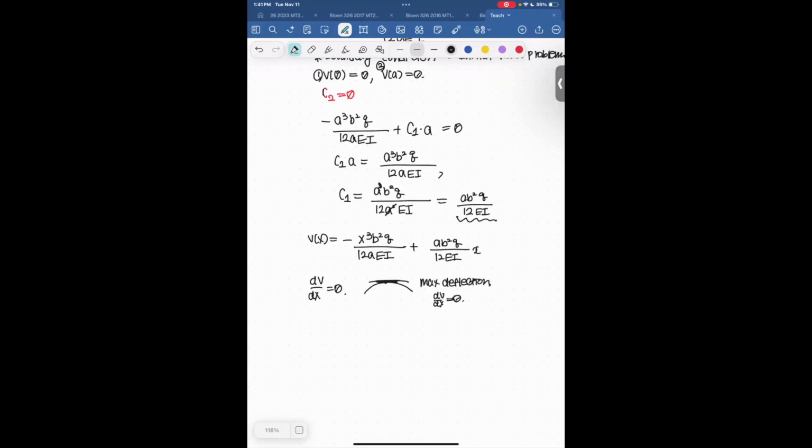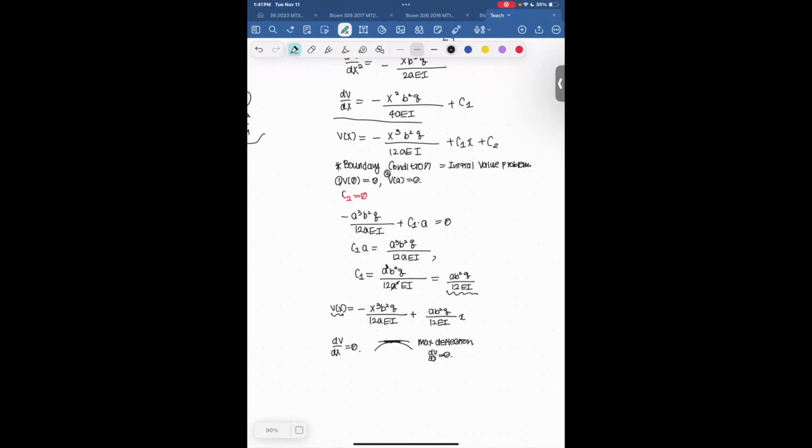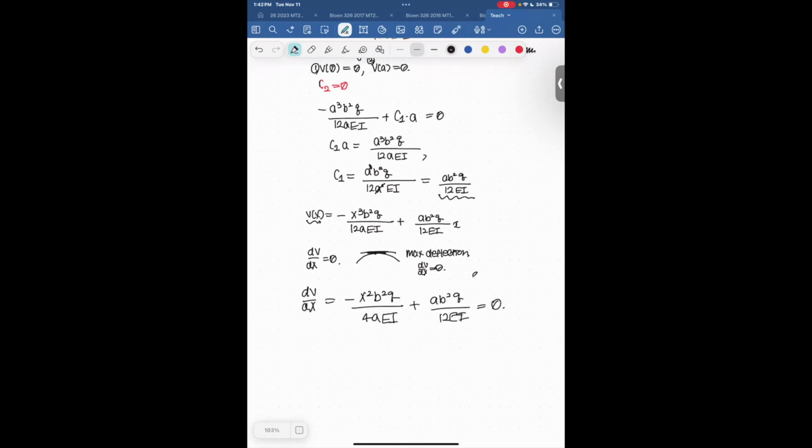So instead of using this equation, we're going to plug C1 back into our dv/dx equation over here, and then set that equal to 0 and find what x is. That's the point where there is a max deflection at section AB. So let's just do that, just algebra now.